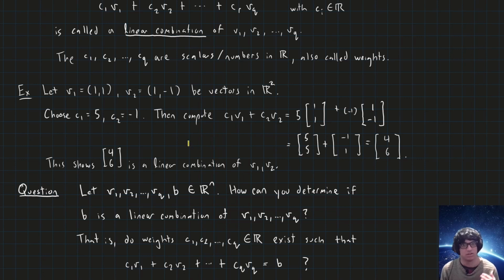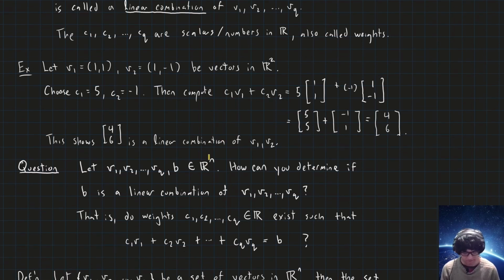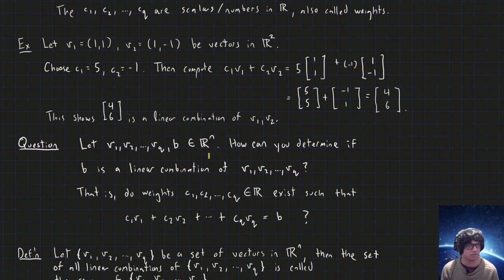That is, starting with b, can I find weights c1 and c2 so that b is a linear combination of v1 and v2? So that's the reverse problem. And unless the vectors are simple, it's not obvious whether it's possible or not.